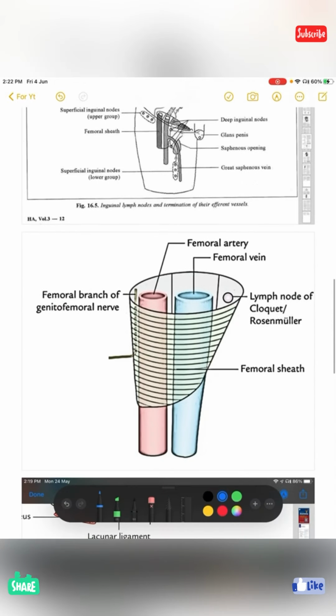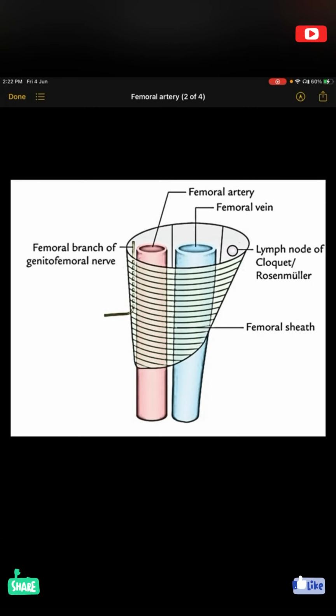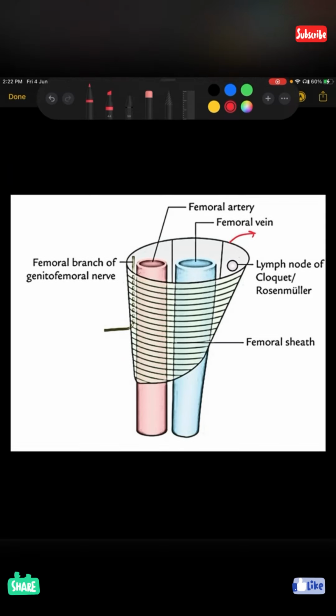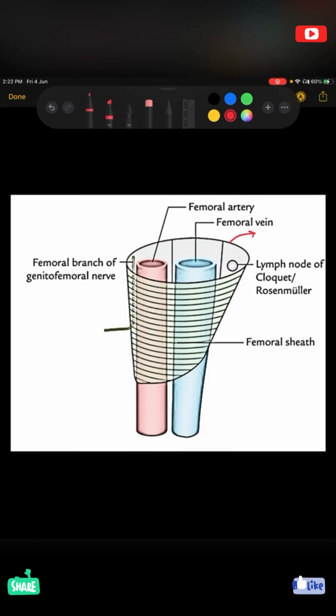Let's look at some diagrams. Here is a very beautiful diagram of a femoral sheath. This is the posterior wall of the femoral sheath, which is actually a prolongation of the fascia iliaca. This is the anterior wall, which is an elongation of the fascia transversalis, and here are two antero-posterior septa which compartmentalize the femoral sheath into lateral, intermediate and medial compartments. The lateral compartment contains the femoral artery and the femoral branch of the genitofemoral nerve.